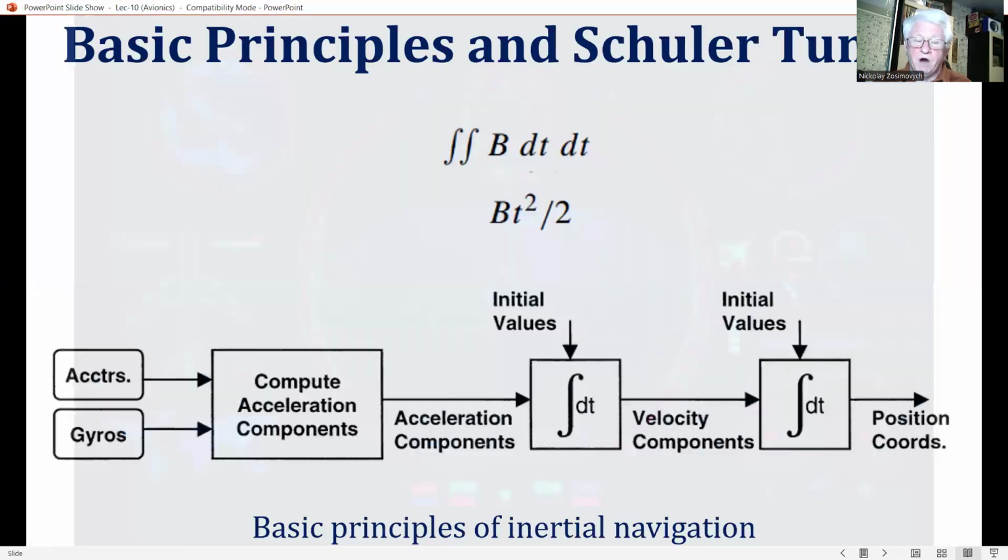A good question to ask an interviewee who is interested in entering the avionics system field is, how can you measure the motion of a vehicle and derive the distance it has traveled without any reference to the outside world? The answer is that you can sense the vehicle's acceleration and also the gravitational vector with an accelerometer, right?